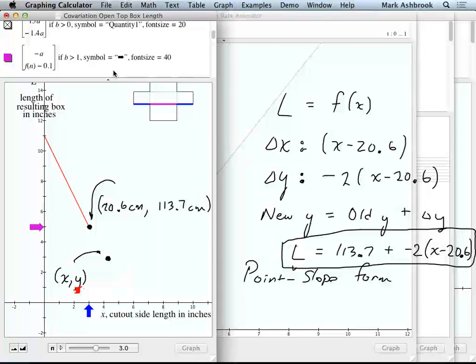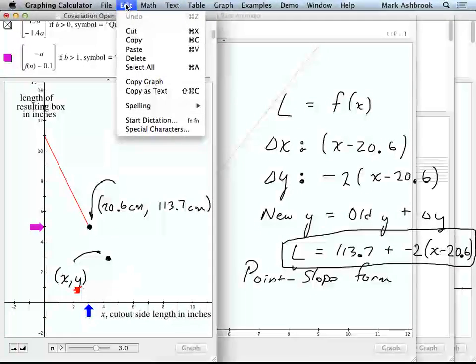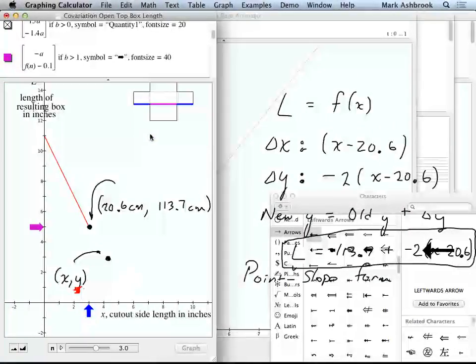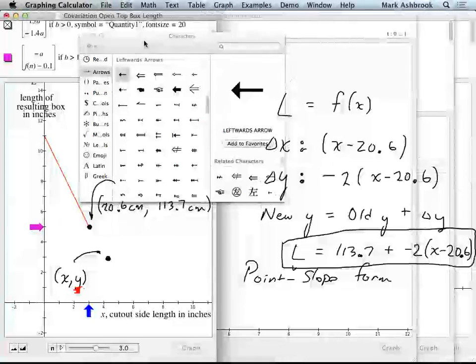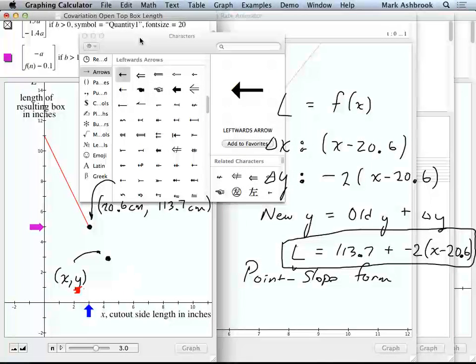Is that symbol already loaded into Graphing Calculator? Yeah, if you go to, where's the special characters in the edit menu? And actually you can use this in other programs. You can pull this window up and it will drop these symbols into Microsoft Word or Excel or any other program, not just Graphing Calculator.